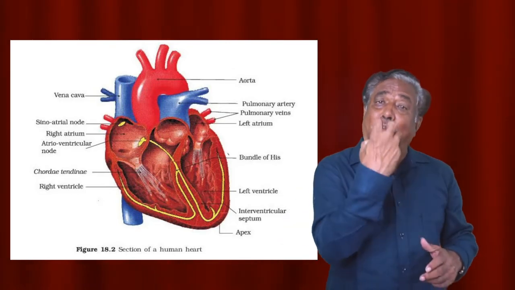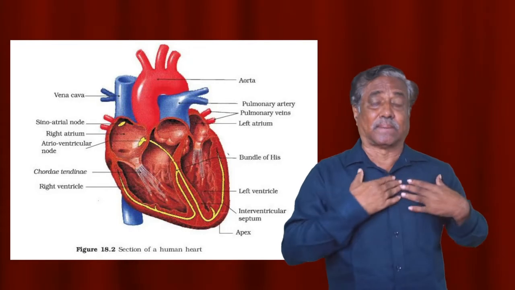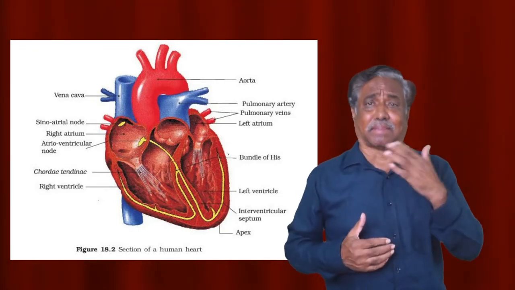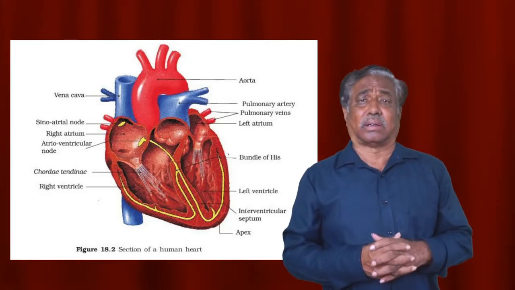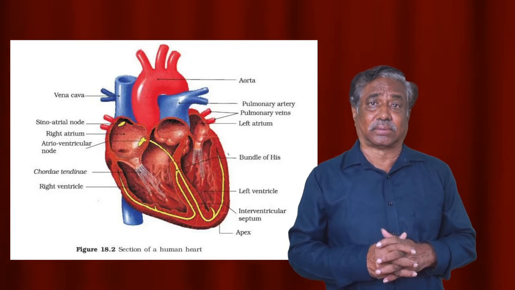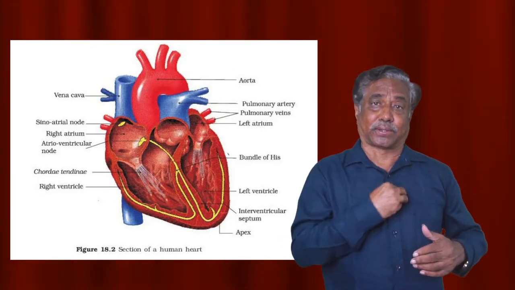So the heart is auto-excitable, but this is about the structure of the human heart, and there is a double circulation. First, the deoxygenated blood flows from various parts of the body through the superior vena cava or precaval and postcaval vein into the right auricle.